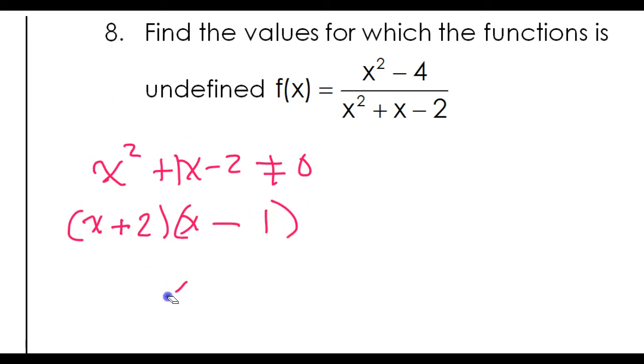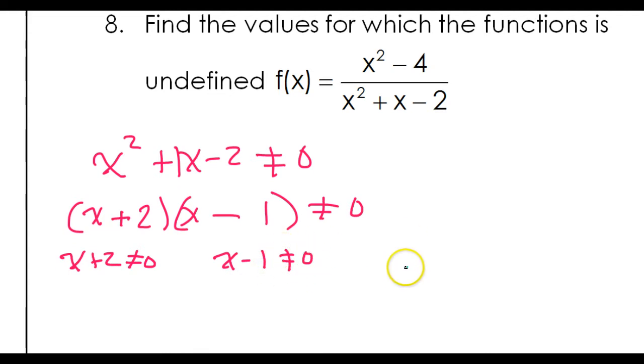So that means this times this cannot equal 0. Well, that means neither one of these factors can equal 0. Because if this was 0, then that would wipe this whole thing out and make it equal 0. So, in other words, x plus 2 cannot equal 0. x minus 1, that cannot equal 0 either.